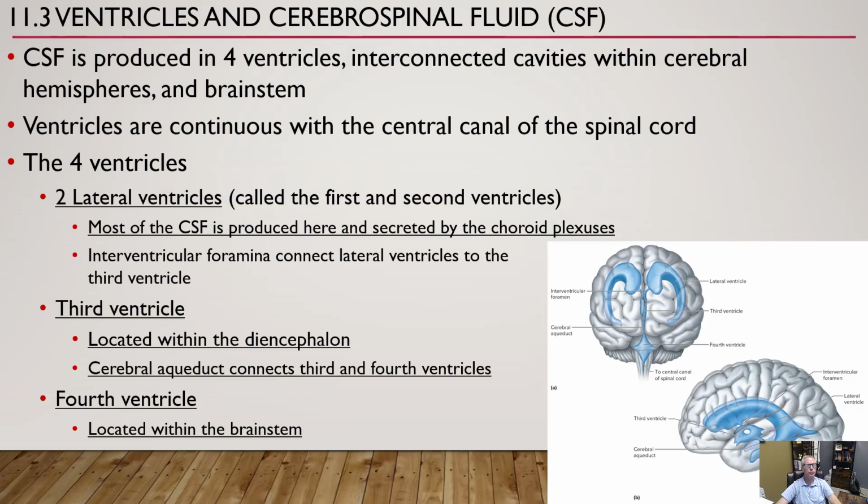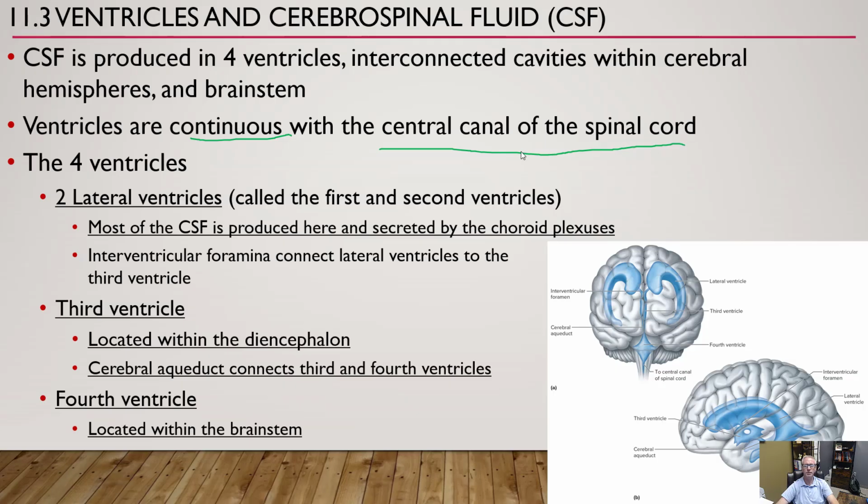All right, so cerebrospinal fluid. I mentioned before that we have 4 ventricles in the brain that contain cerebrospinal fluid. And these ventricles are continuous with this central canal of the spinal cord.